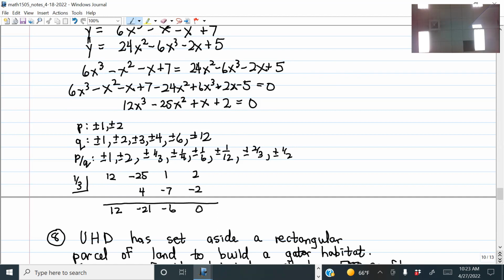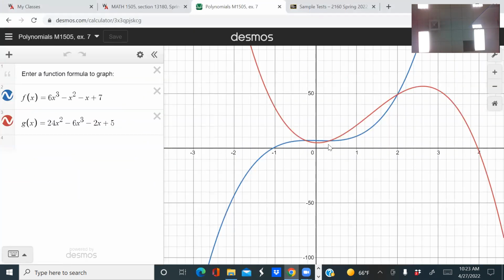Okay, all right. Let's go back to the graph and try to confirm that one. So that should be right here, correct? Does that look like 1/3? Let's click on that. Desmos is very friendly about this. Oh, there it is. It is 1/3. That was it. So we found one, see.